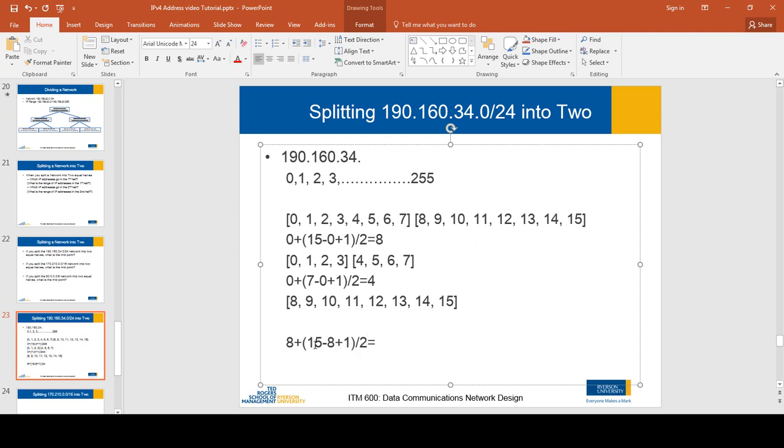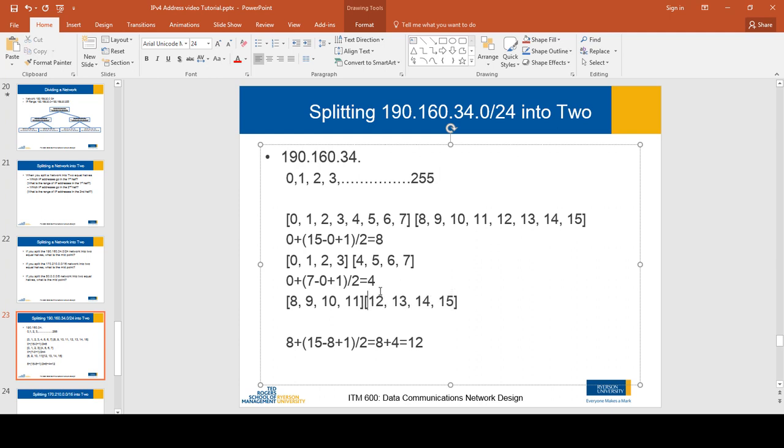That gives us 8 plus 16 minus 8, 8 by 2, so 8 plus 4. That gives us 12, and this is the start of the second half. So you split this into 2, and we see that there are 4 numbers in the first half and 4 numbers in the second half.